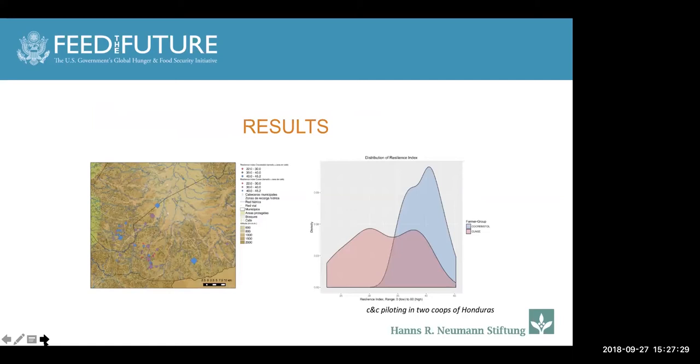For example, here we were comparing a farmer organization, the blue one, called Ocrevistol in Western Honduras. That is a farmer organization established a long time ago. So you can see that the adaptive capacity of this farmer organization was better than one that was recently established. So you can compare results between different organizations or between different locations. Next, please.